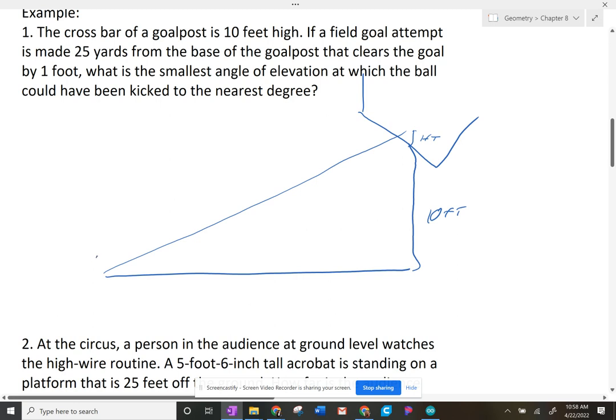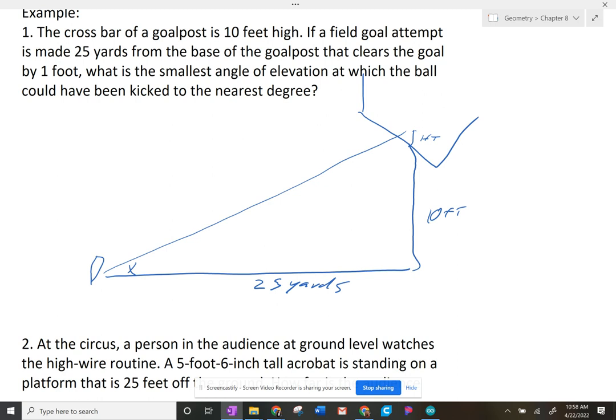So here's my football. You don't have to draw the football when you draw yours. It said I'm 25 yards away, and it wants to know this angle right here. It just wants to know how many degrees it needs to get kicked up to go over that.